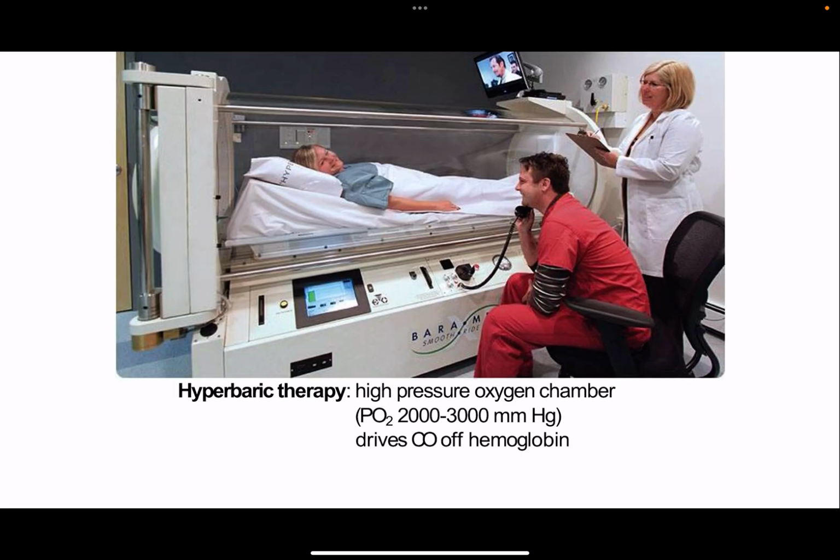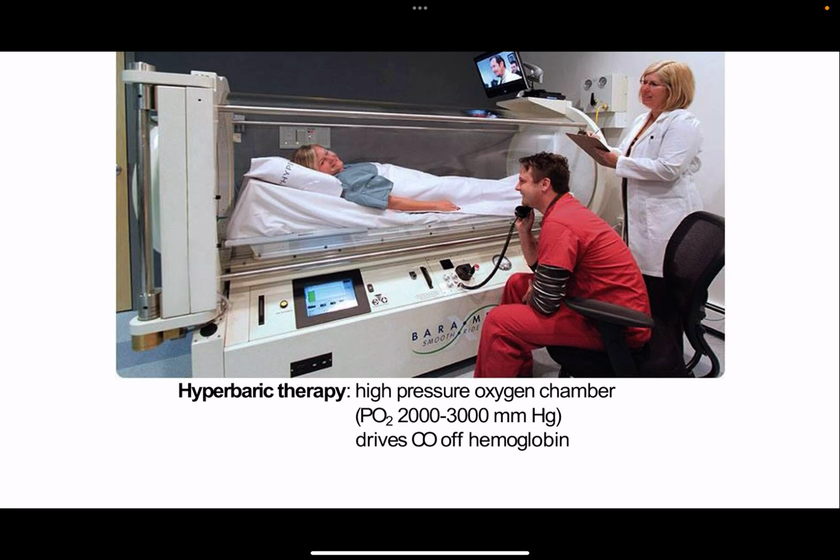We can also put them in a hyperbaric chamber. With a hyperbaric chamber, we put them in a high pressure oxygen chamber in which the PO2 of oxygen can be anywhere from 2,000 to 3,000 millimeters of mercury. That's in millimeters of mercury. In atmospheres, 1 atmosphere is a normal pressure that you feel in the atmosphere.